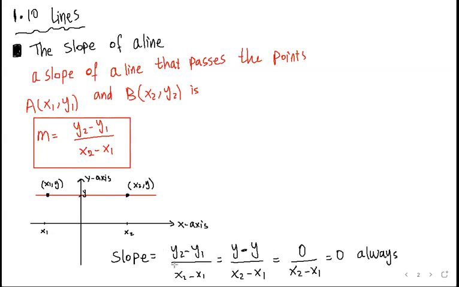So we apply the formula, I get 0 over x2 minus x1 is equal 0. So for any horizontal line, the slope is always 0.